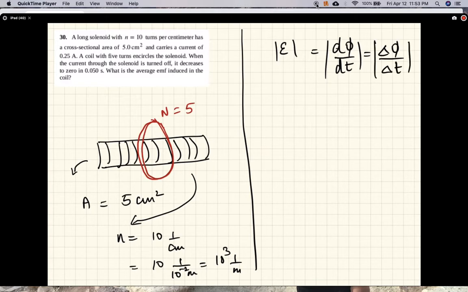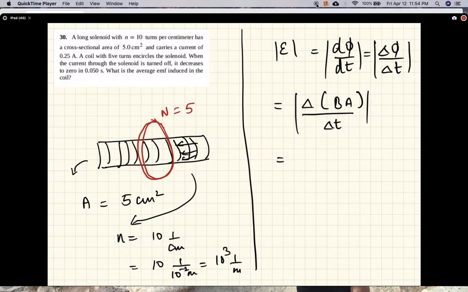Now the solenoid has a property that the magnetic field is uniform and contained within the solenoid. So the flux threading this second outer loop is just this magnetic field times the area of the solenoid, which is 5 centimeters square.